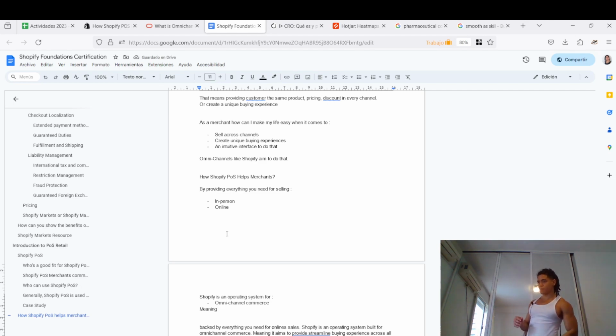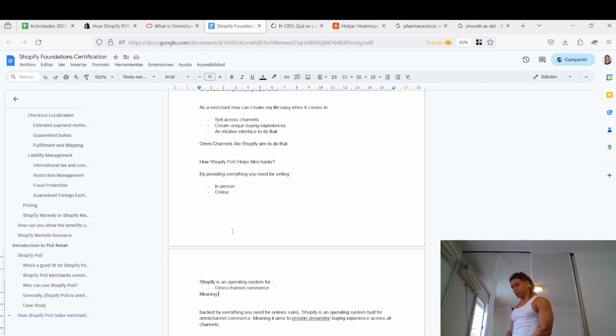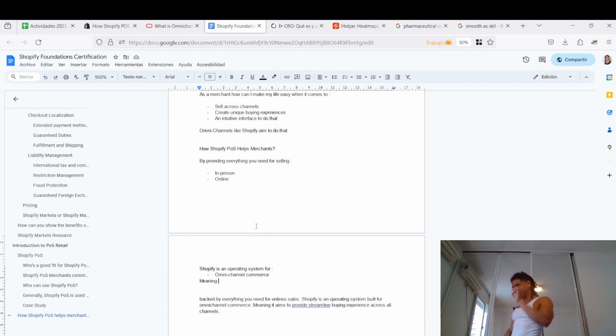So how does Shopify POS help merchants? By providing everything you need for selling in person and online, Shopify is an operating system for omni-channel commerce.